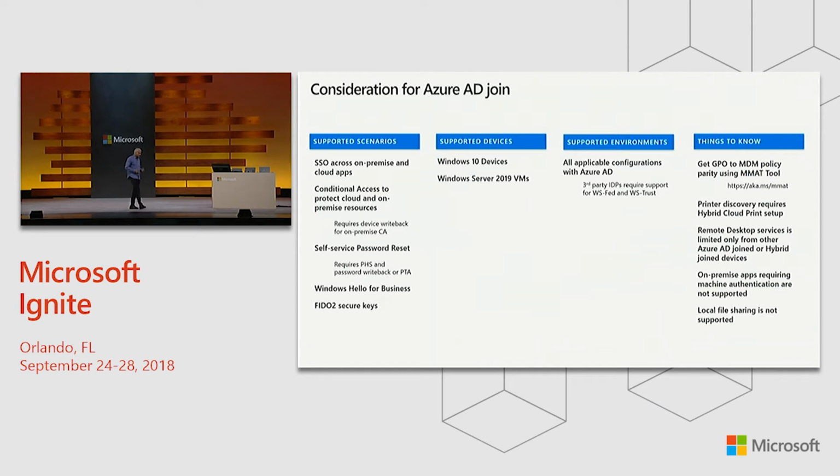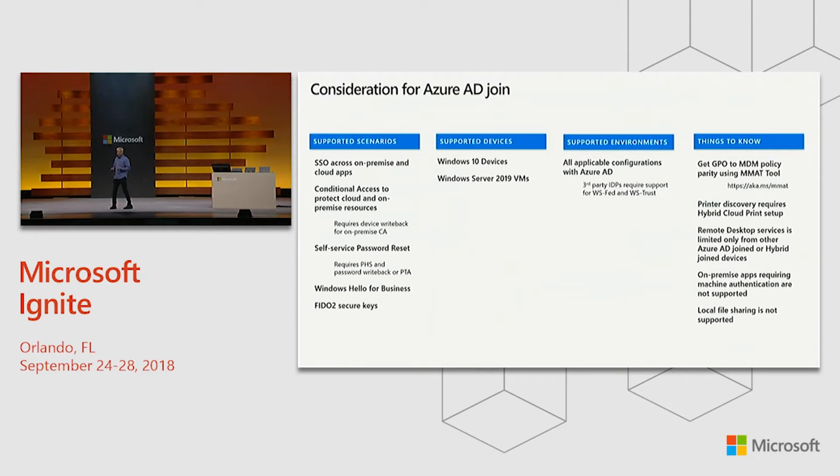And in terms of just the things to know, we always want to make sure customers, when they decide to take their devices to Azure AD, are also aware of some of the caveats, as we're constantly working to address some of the gaps. But the thing one should know is, once you start moving from your on-premises management platform like SCCM or any other to an MDM platform like Intune, you want to also evaluate your group policy objects that you have been using in the past, as to whether you have parity or whether they are supported in the new MDM CSP, or configuration service provider, model.